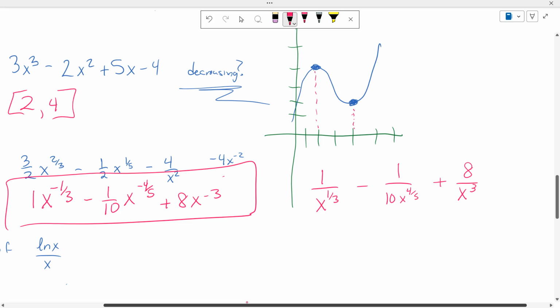But these might not be written this way. They might be cube root. The cube root of x minus the 5th root of x to the 4th. So be ready for however it's written. Okay?